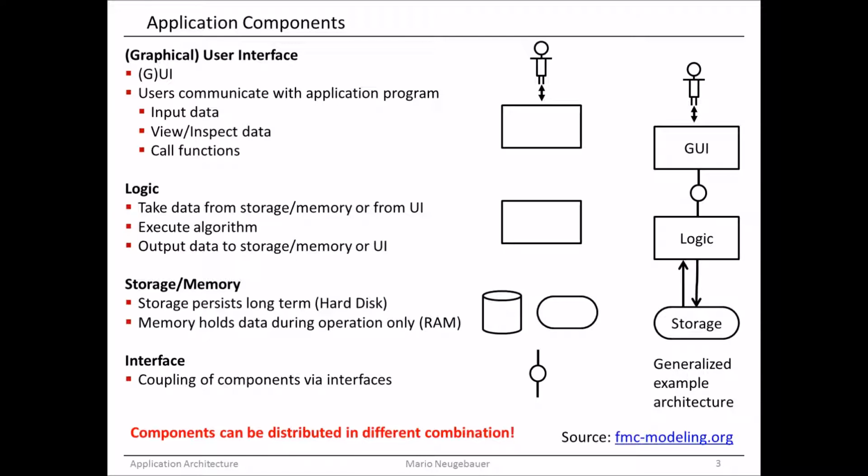And on the right side, you can see such a generalized architecture. It's a 3-tier architecture where you have some user interaction in the GUI, you have some logic, some processing for the data, and we have some storage.